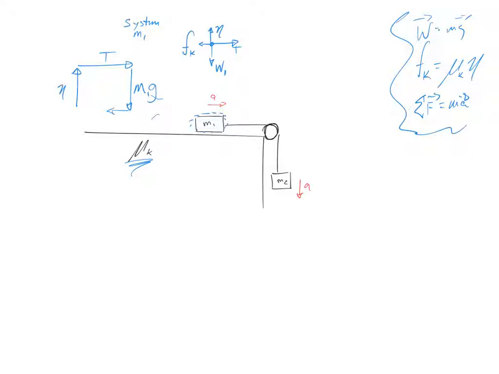Is everybody good? Okay, so my acceleration is this way. I'll make a ma vector, and I'll call this other one mu normal. I like making my ma vector a different color. Are you guys good? Yes, sir. Okay. Can y'all tell me the force diagram for system 2?